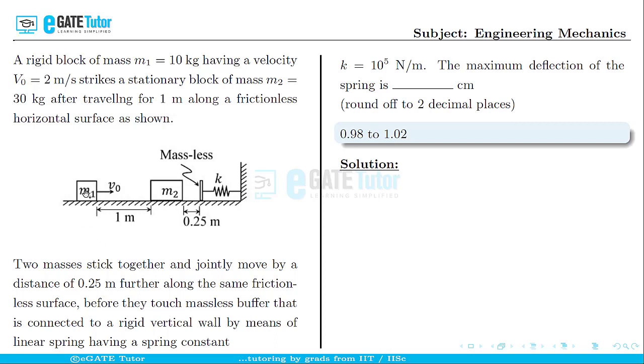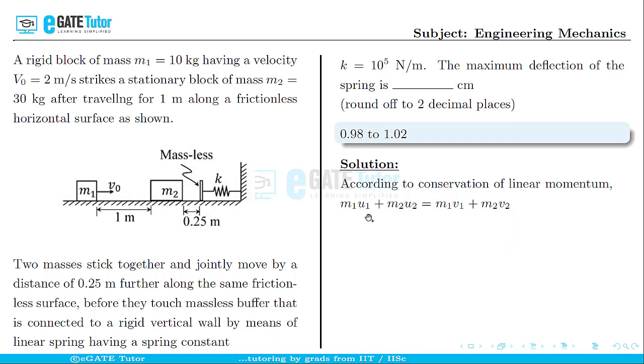Let us consider the part where mass m1 with velocity v0 strikes mass m2 which is stationary. In that case, it is an inelastic collision, so we will apply the conservation of linear momentum: m1 u1 plus m2 u2 is equal to m1 v1 plus m2 v2, where u1 and u2 are the initial velocities of masses m1 and m2, and v1 and v2 are the final velocities after collision.